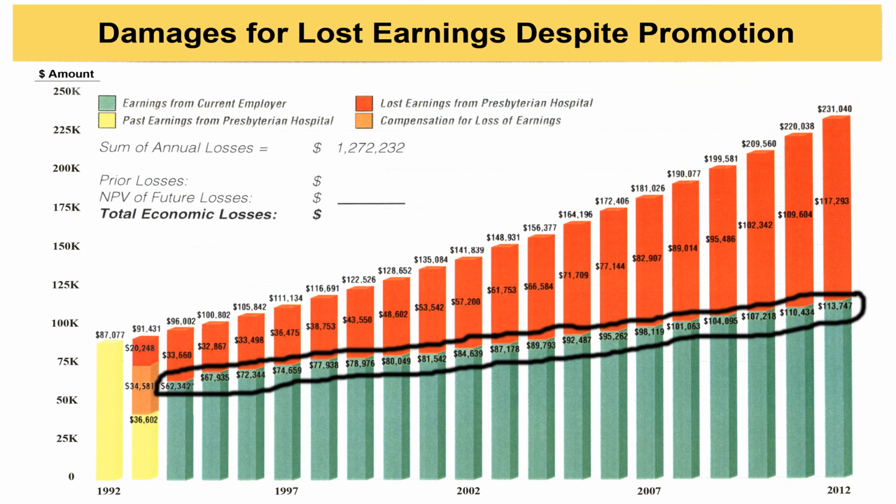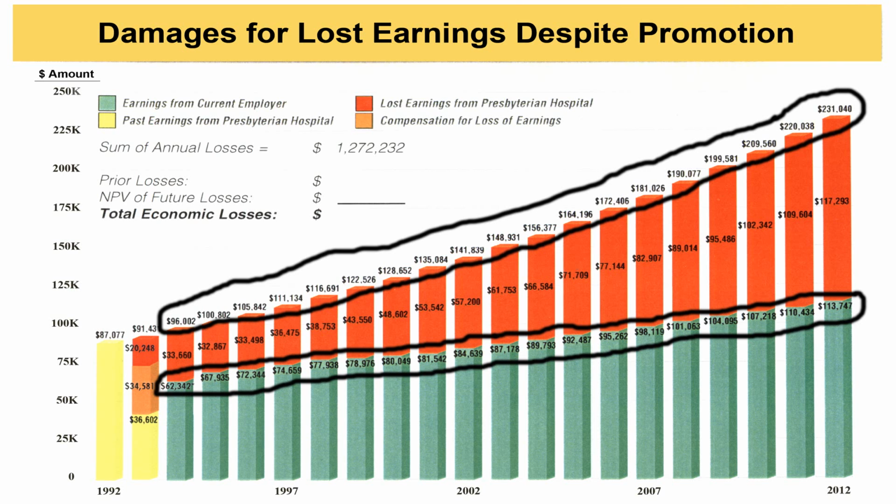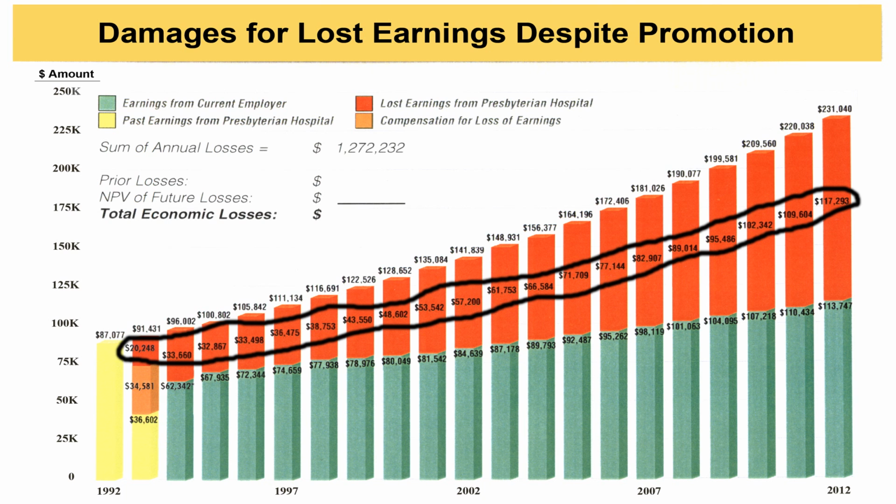And his analysis was that her annual salary would continue along these lines. But he also stated that on her prior job, she would have continued to earn a salary that would be reflected in these figures, see? And therefore, the difference between the income from her new job and her old job was the amount of money that she lost and would continue to lose due to the accident.